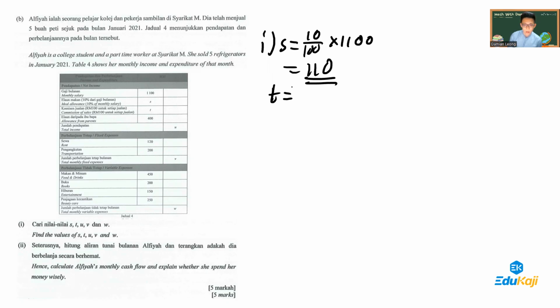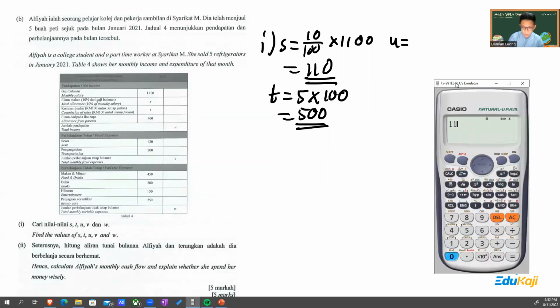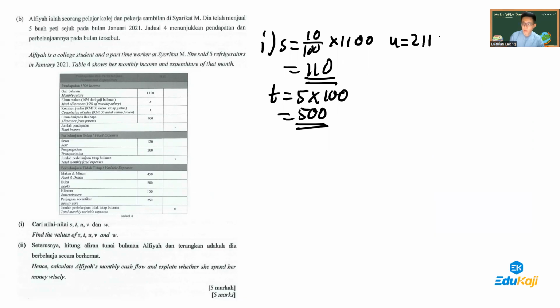T, commission, 100 for every sale. So she sold 5, so 5 times 100, 500. U is total income, which is adding up all this.